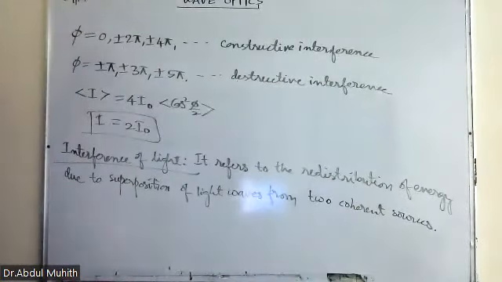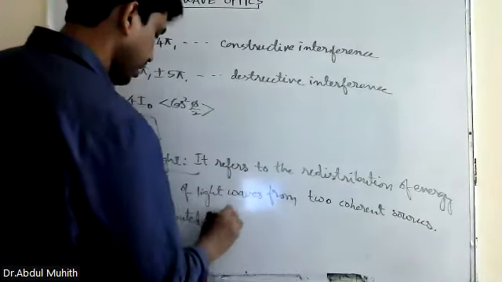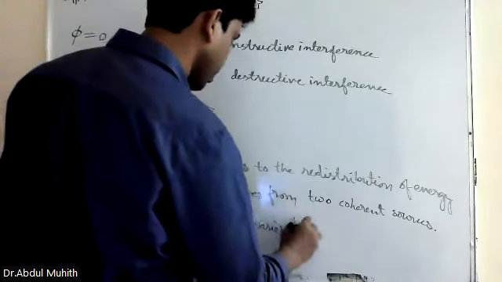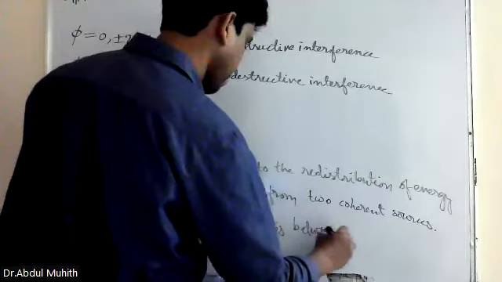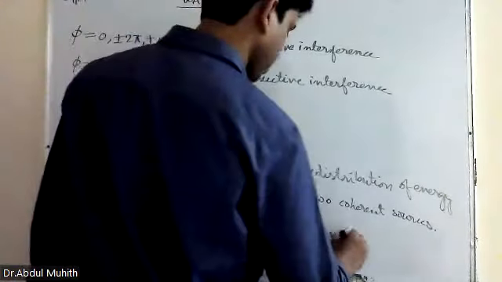Next, the energy is redistributed, and it varies between 4a square and 0.